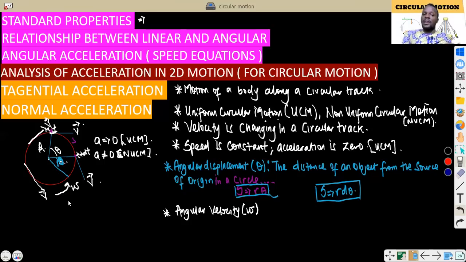So if you define linear speed or linear velocity as the rate of change of distance with time, the way you define this one too, you don't need to keep cramming too many things. Just say the time rate of change of angular displacement.